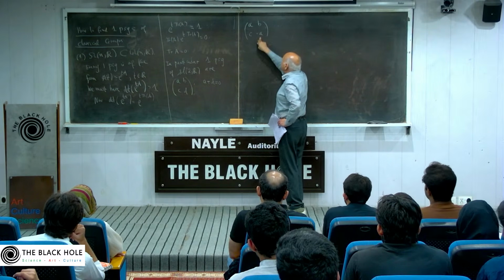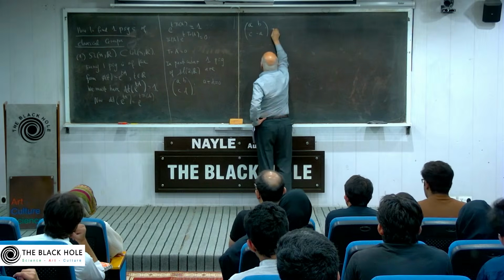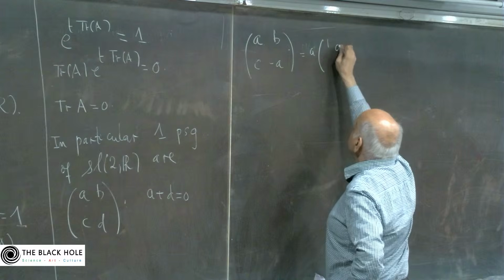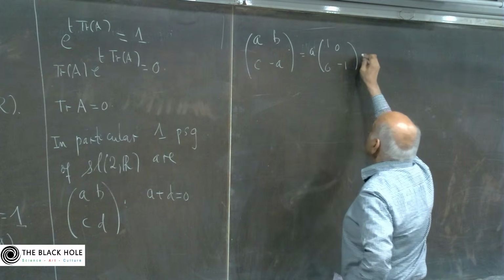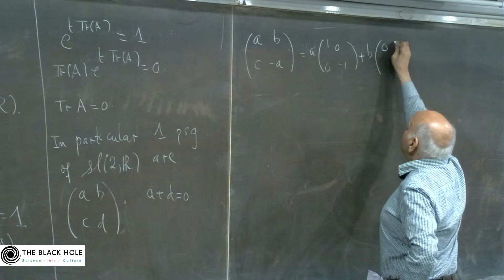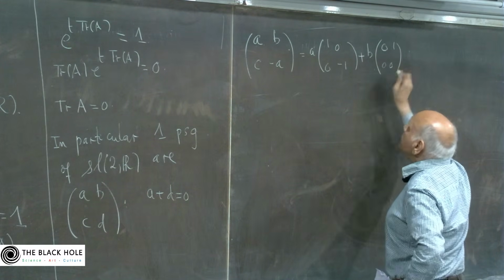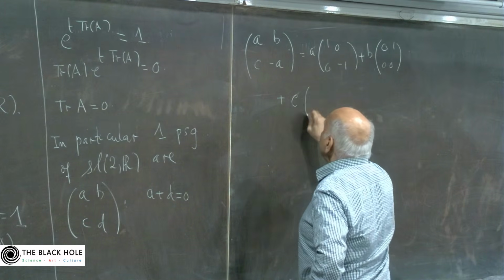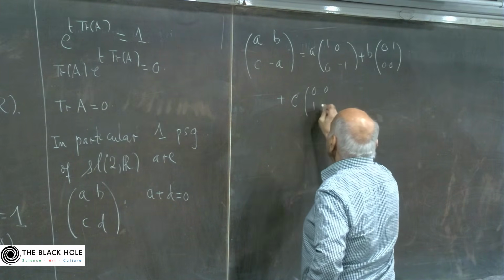And so this I can write as A times (1, 0, 0, minus 1) plus B times (0, 1, 0, 0) plus C times (0, 0, 1, 0).